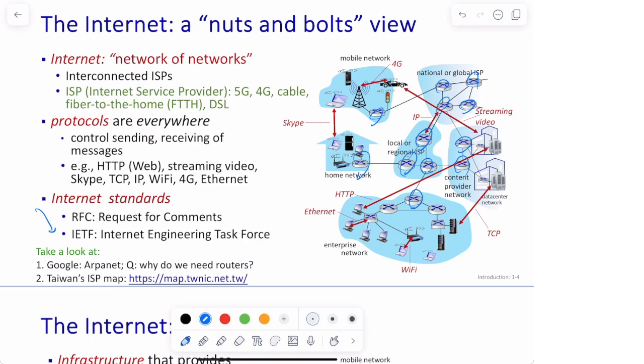Sometimes direct links are not available, or they do not build direct links, but those routers are connected with each other, so they can help you relay your messages from your home network to someplace far away. I think that is the reason why we take such a strategy, because it is cheaper and higher performance to build such a network of networks.